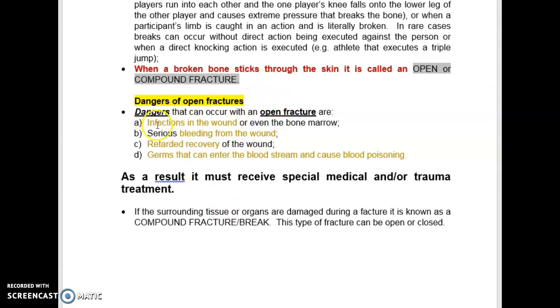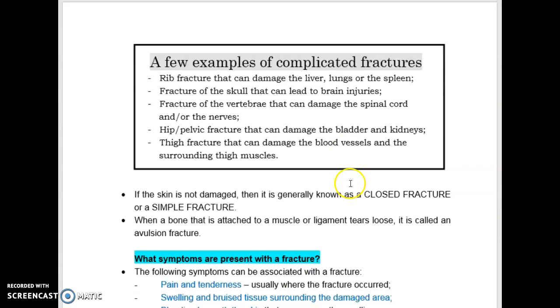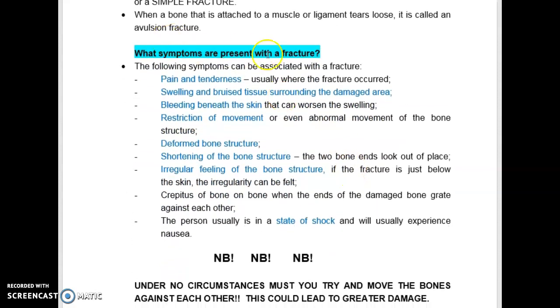The dangers of an open fracture, remember, it's open, there's a bone sticking out: infections in the wound or even in the bone marrow, bleeding because it's open, retarded recovery, so it will be difficult to heal. And then germs can go into the bloodstream and cause blood poisoning because all of this is open. Very, very dangerous.